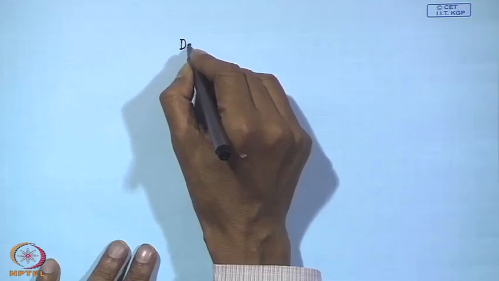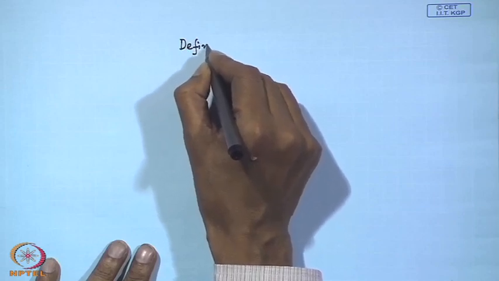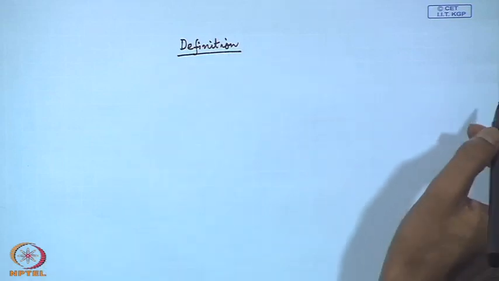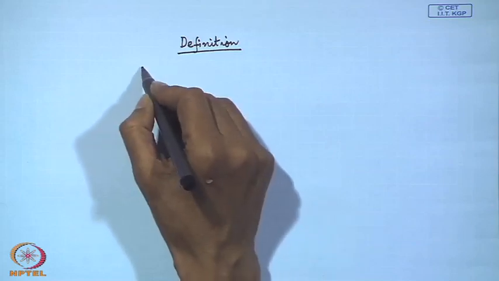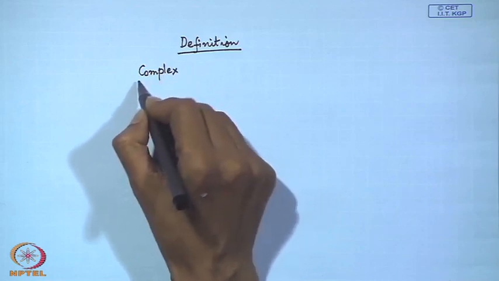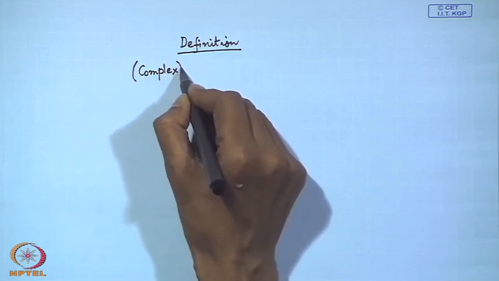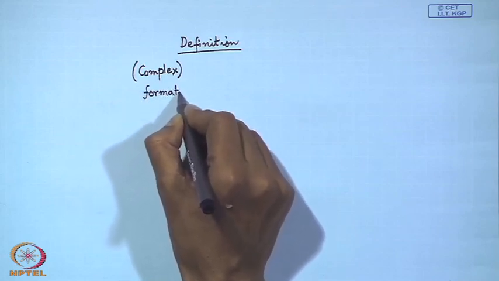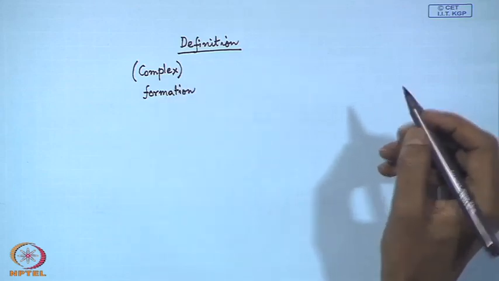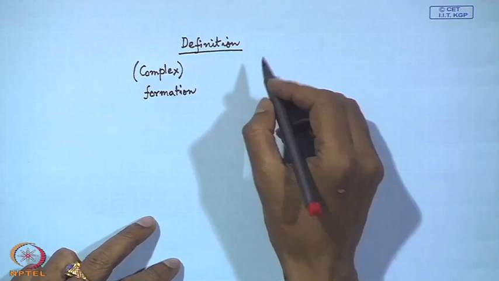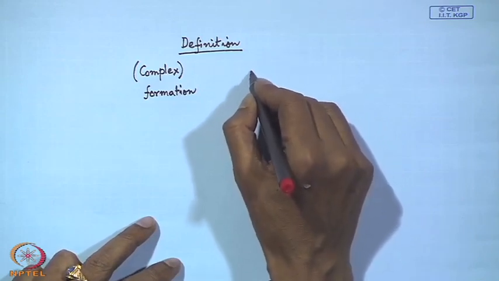Today we will focus our attention on the definition of a complex. As we have seen in our last class, complex formation plays an important role from materials to the life processes, and the central part of it is a typical metal center.